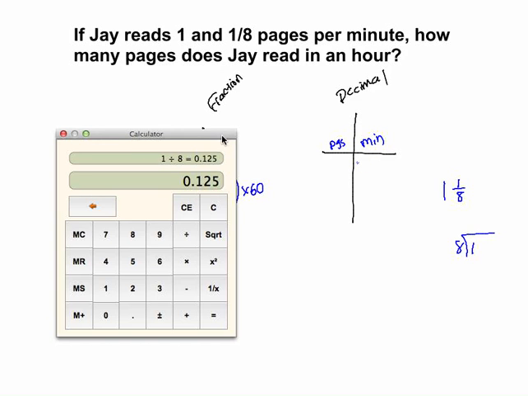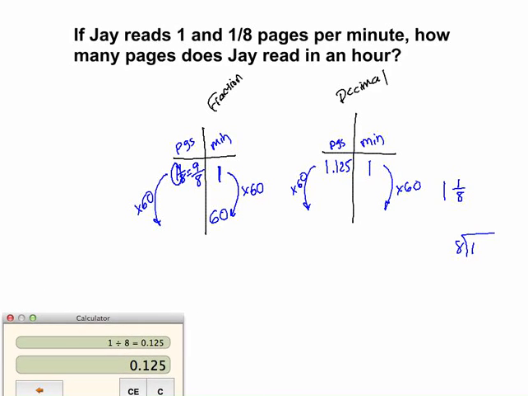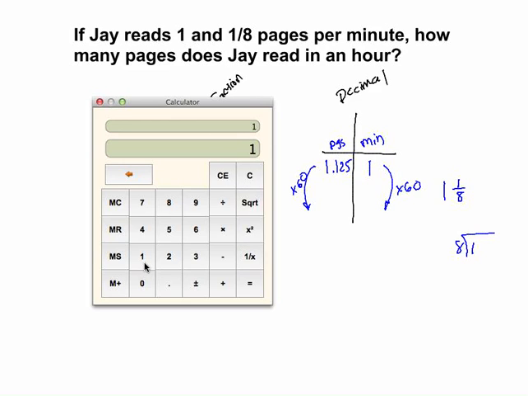So he can read 1.125 pages per 1 minute, and now we multiply by 60 to get to the target. You want to be versatile to be able to do it with fractions or decimals. So 1.125 times 60, he would read 67.5 pages in 60 minutes.